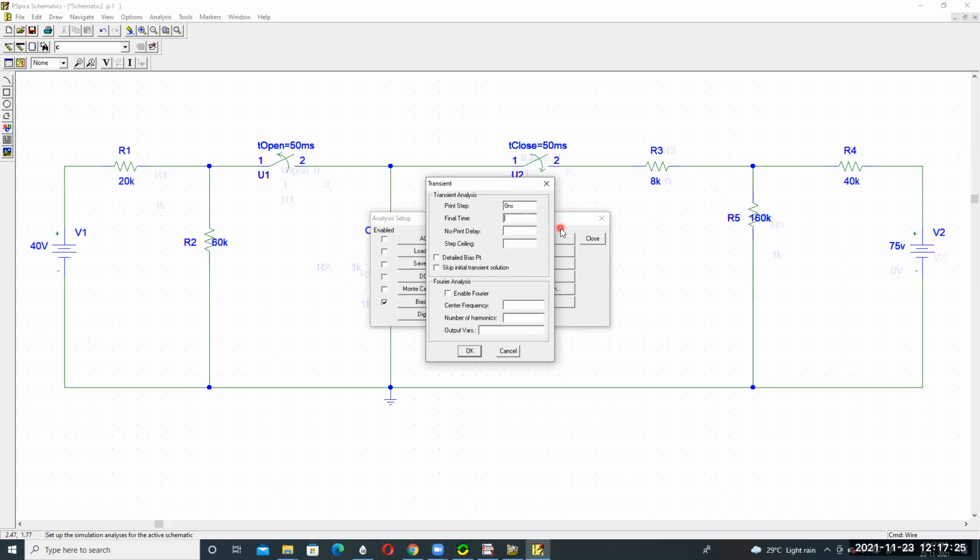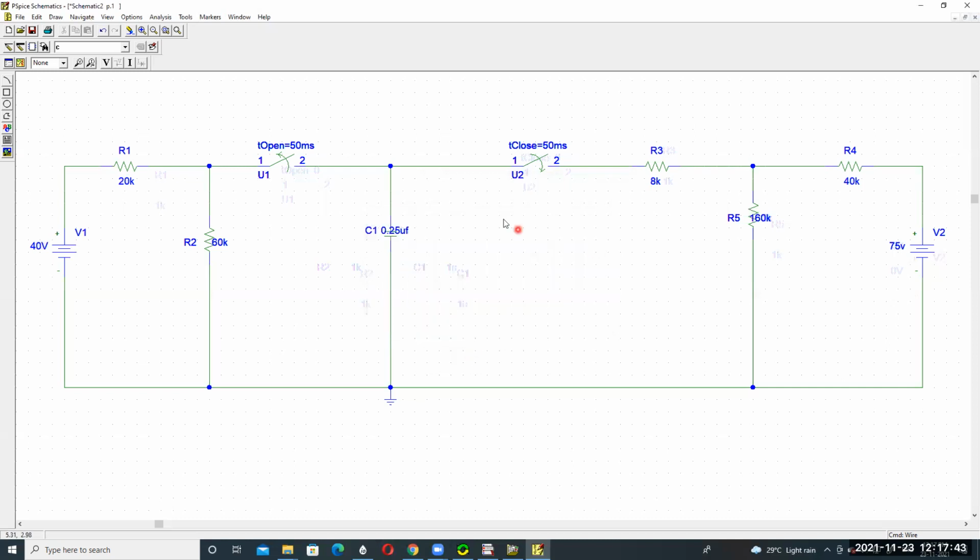That means take approximately 100 milliseconds as the final time, and set the step time to 1 nanosecond. Then close. Connect one probe for the voltage across this capacitor. Like this, this circuit is designed in PSpice.